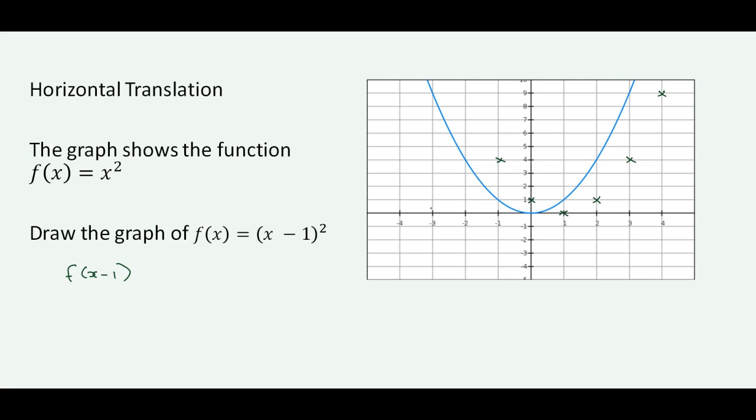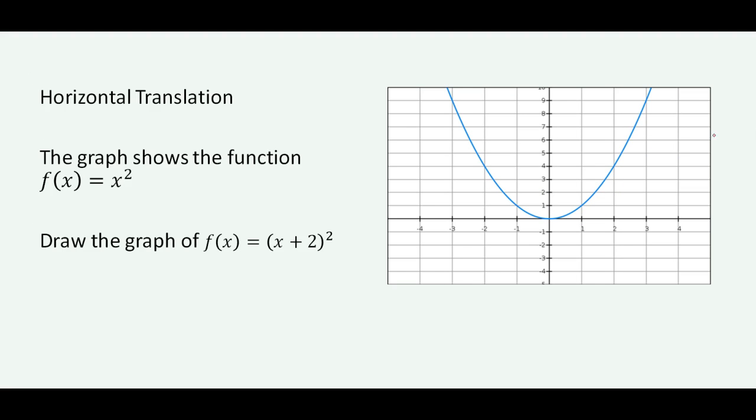Minus 3 and 9 is going to be 2 and 9. That's what our graph is going to look like. You see it moves towards the right hand side. I'm going to draw with a different color. This is what our graph is going to look like when it's been translated 1 unit to the right hand side.